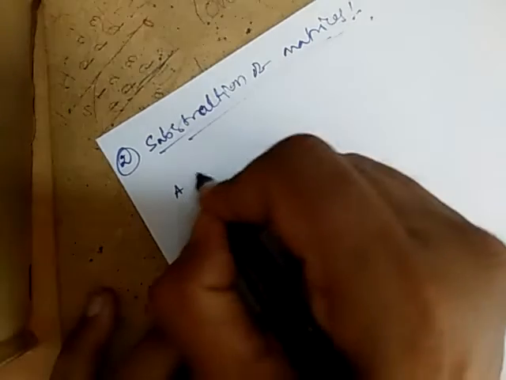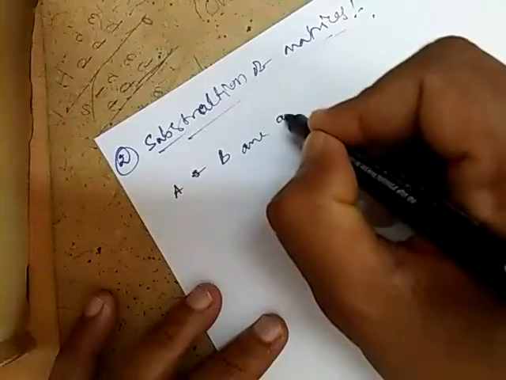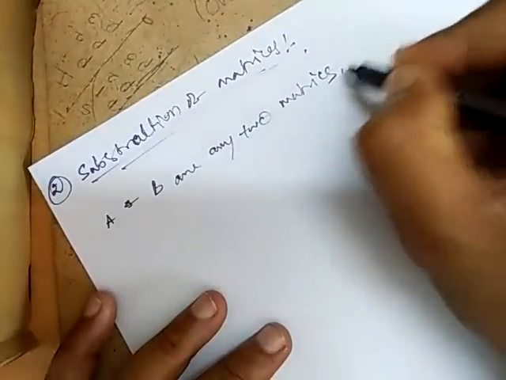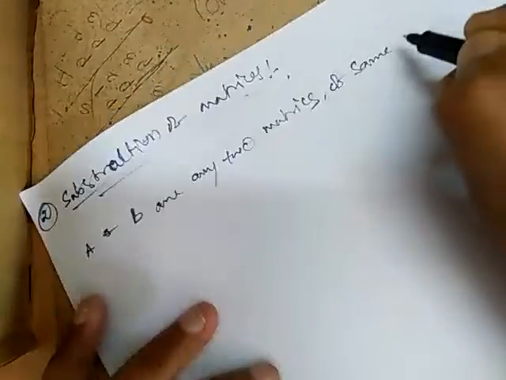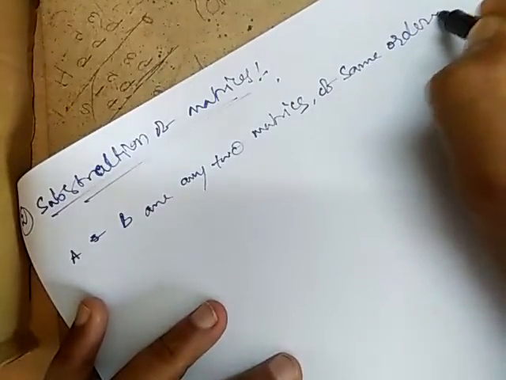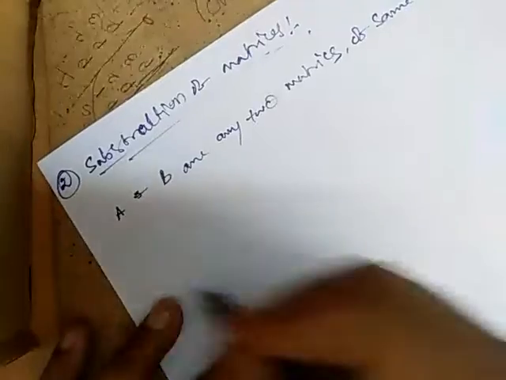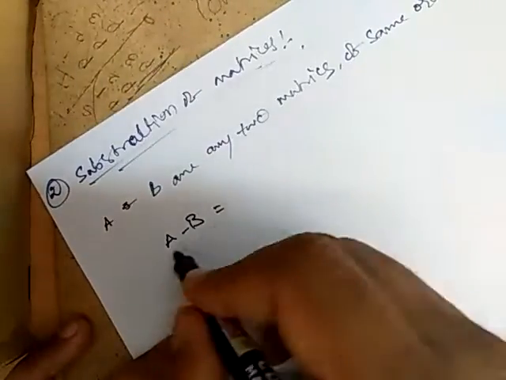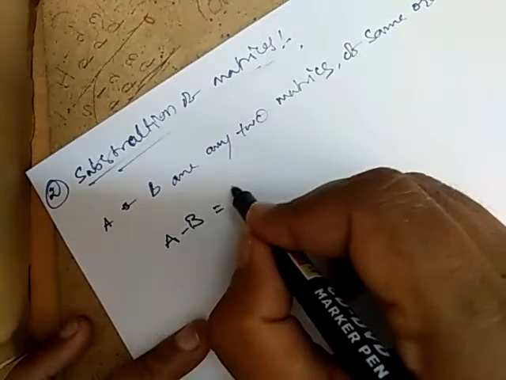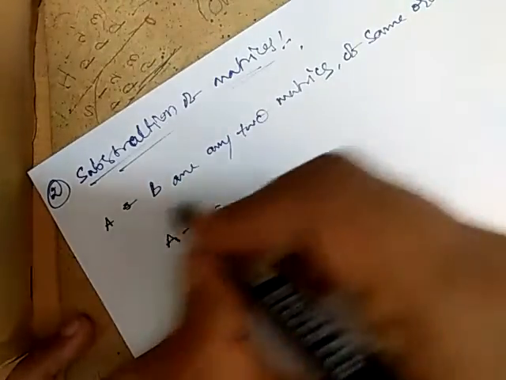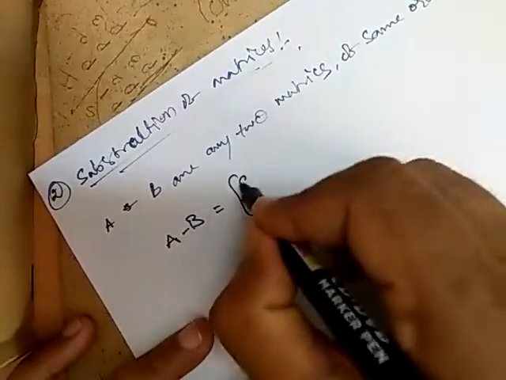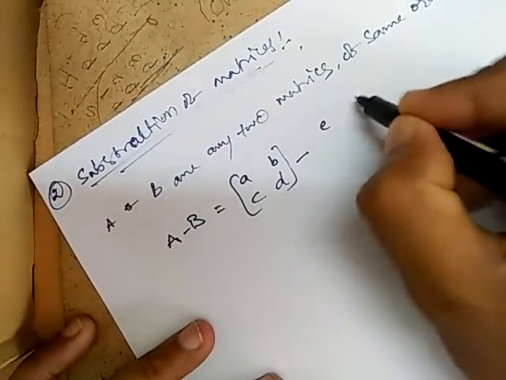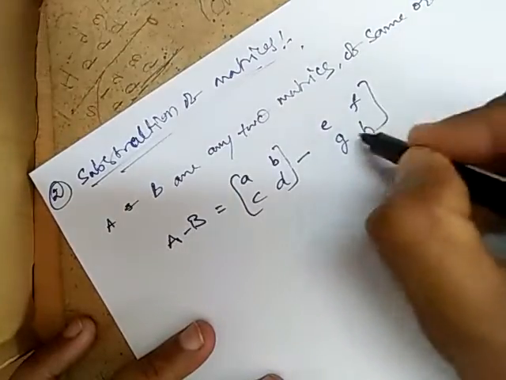Suppose A and B are any two matrices of the same order, then the subtraction of matrices is denoted by A minus B. I am taking the same example as in the addition of matrices: A matrix a, b, c, d minus e, f, g, h.